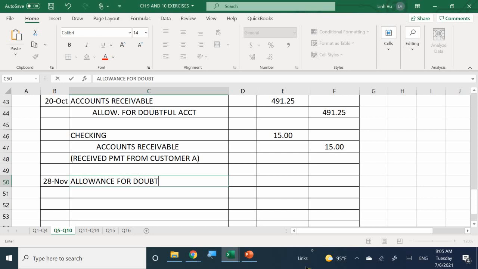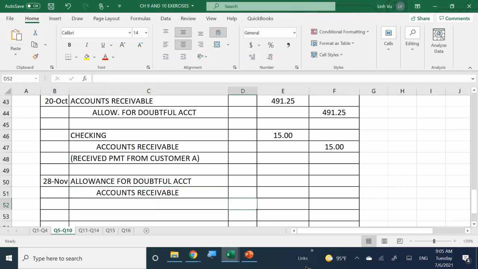You never want to have your products sold and receive absolutely no money. Therefore, you're not going to be profitable, because you have bills to pay as well. So in this case, yes, you're going to recognize that this is going to be an allowance for doubtful accounts, and once again, we're going to be taking this out of accounts receivable.